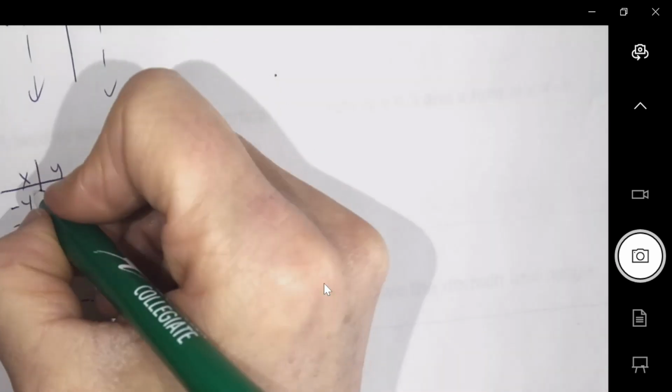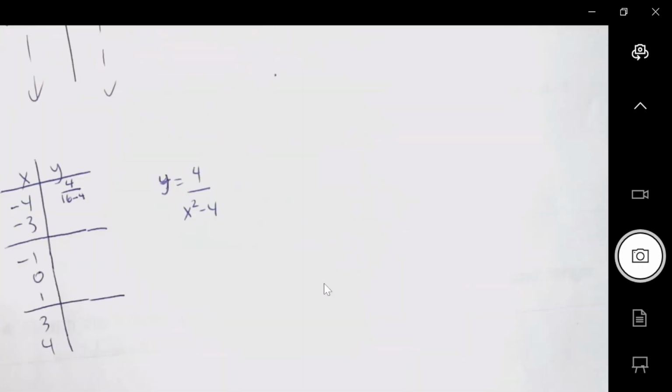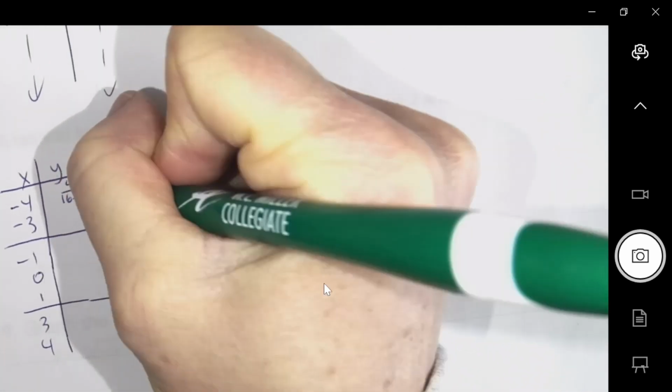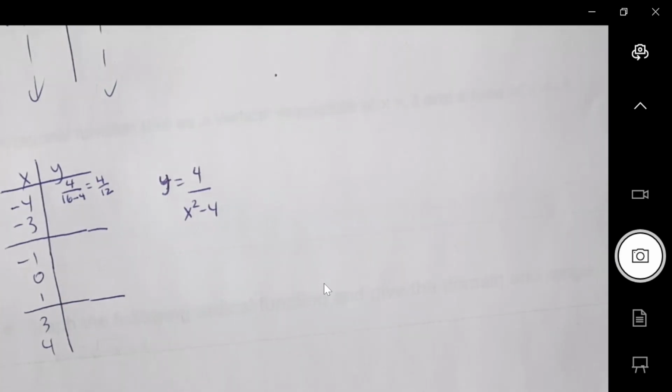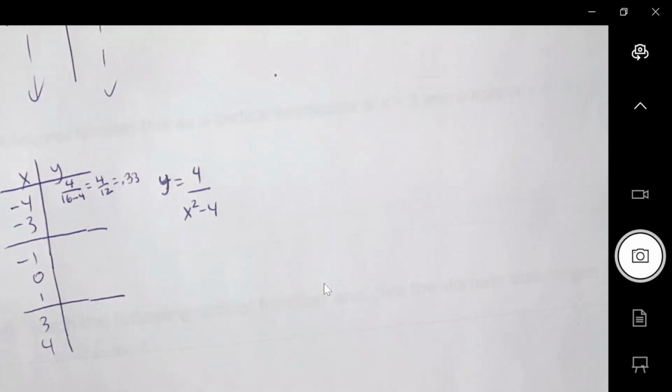Okay, so plugging -4 in there, I get 4 divided by 16 minus 4, which makes 4 over 12, which is, what is a decimal? 0.3. Okay, are you good for me to just write them all really fast now?